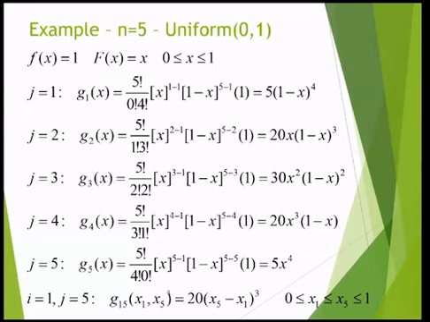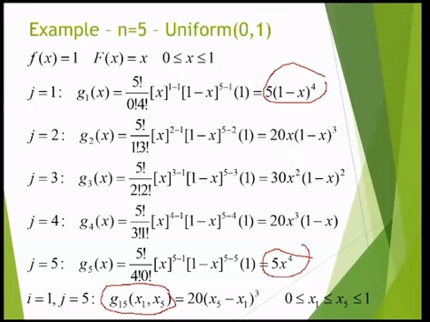Or you can come back here. You want to get this, right? What is that of x for j equal to 1? That gives you this. For j equal to 5, that gives you this. Now, if you multiply these, I'm only telling you the condition under which you are not going to use the joint.